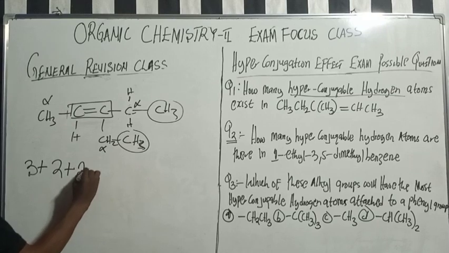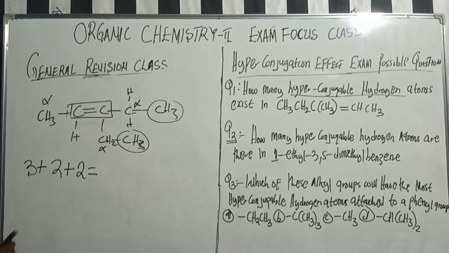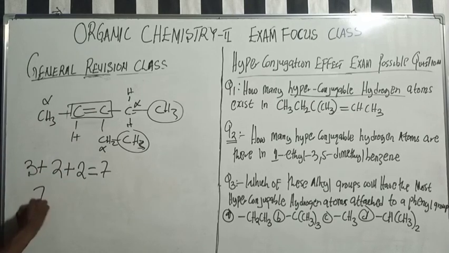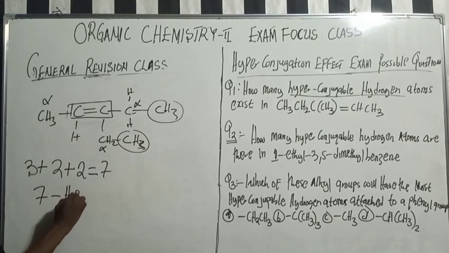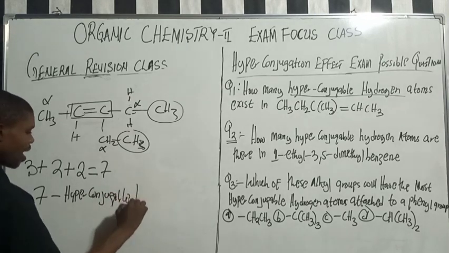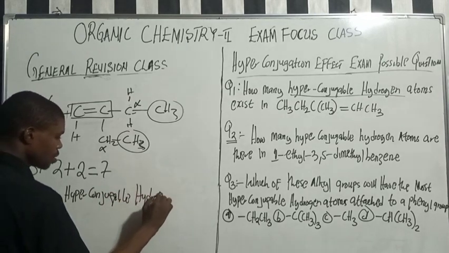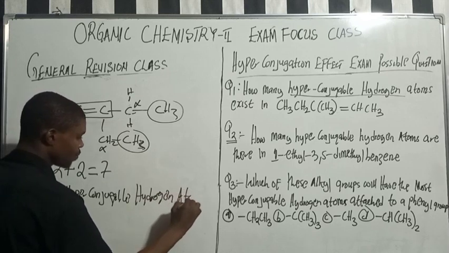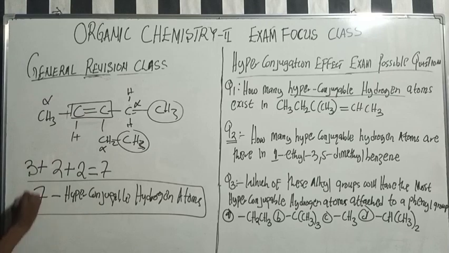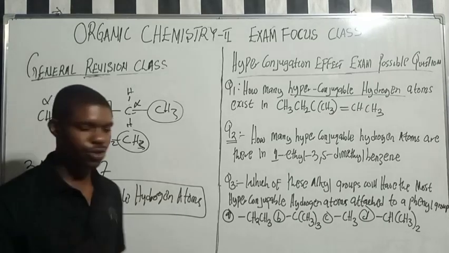If you add it together, seven hyperconjugable hydrogen. So this molecule contains seven hyperconjugable hydrogen atoms. It's very, very important to take note of this.